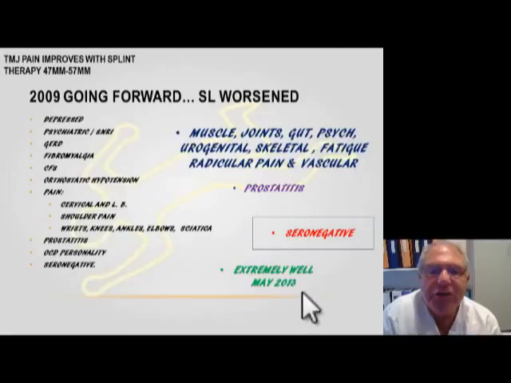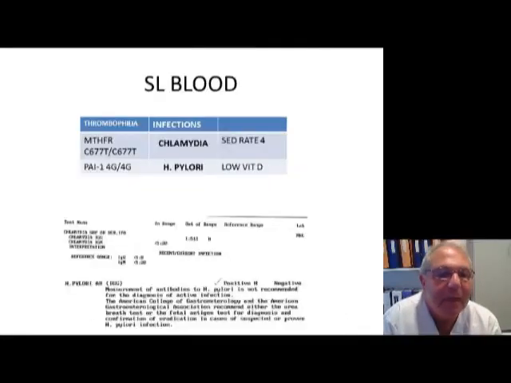So as it turns out, here's what ultimately happened. I found out that he had a genetic defect which could be described by thrombophilia, one of them called the MTHFR gene mutation. Now this is one of the two worst mutations you can have. This is called a homozygous C677T mutation.